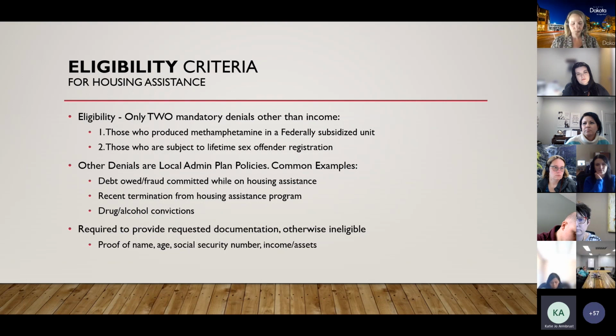If they are working with a case manager or a support provider of some sort, they have the opportunity to meet with the housing authority and review their file. If things have changed or if there were extenuating circumstances, their eligibility determination may be changed. But it is not a guarantee, of course.